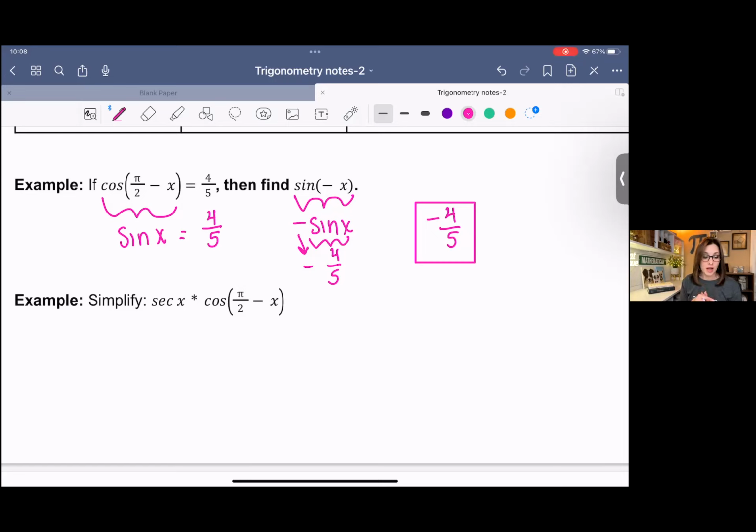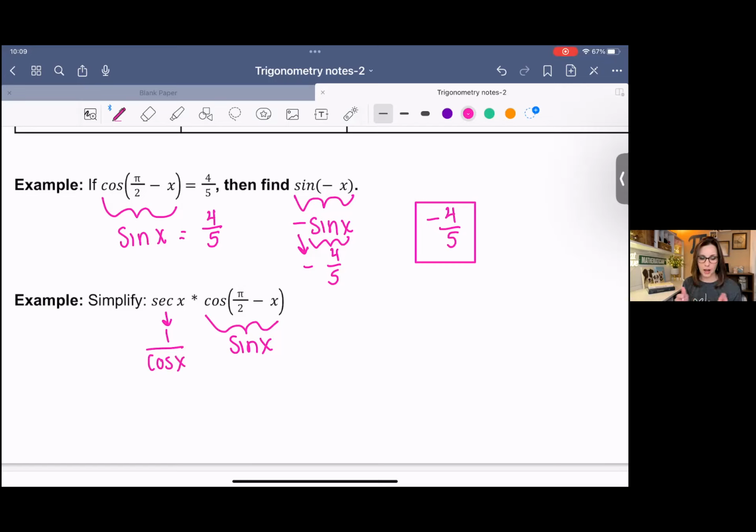All right, next one, actually the last one on this lesson: secant x times cosine of pi over 2 minus x. We're going to simplify that. We know that from the previous example and from the table that cosine of pi over 2 minus x equals sine x. We also know from our reciprocal identities that secant x is the same as 1 over cosine x.